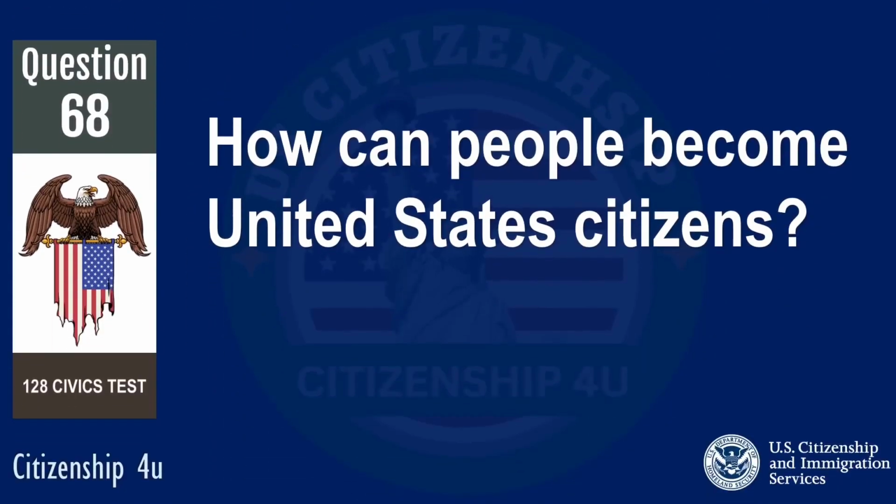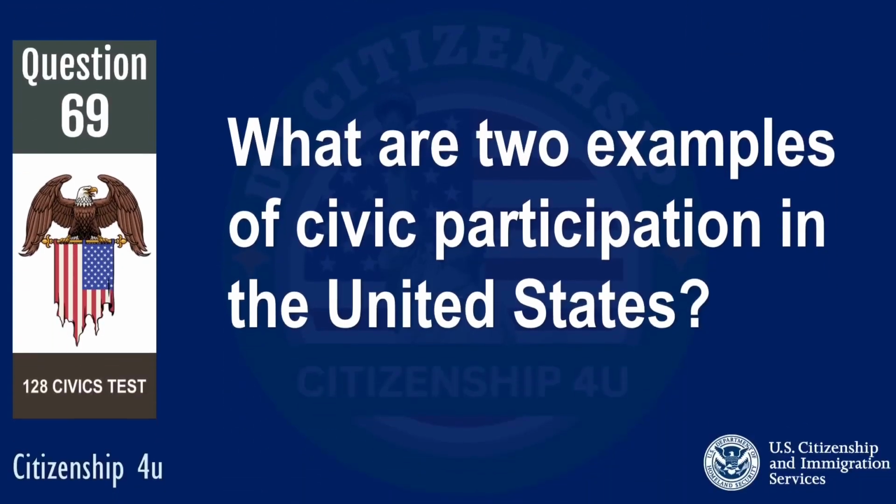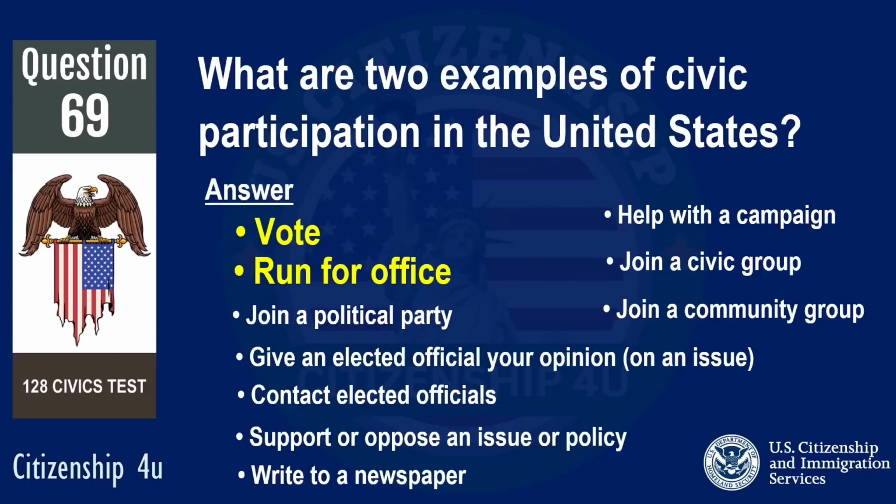How can people become United States citizens? Naturalize. What are 2 examples of civic participation in the United States? Vote. Run for office.